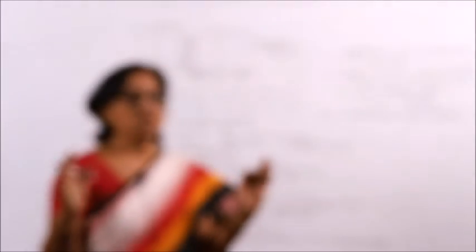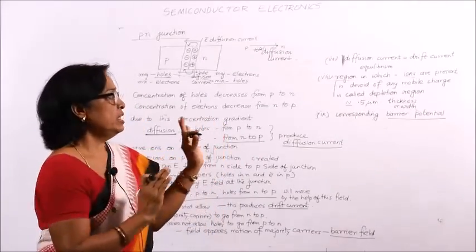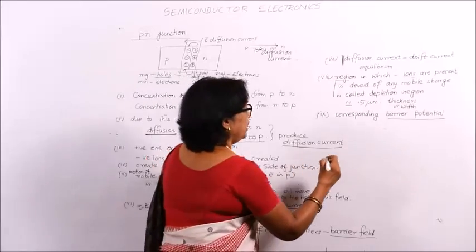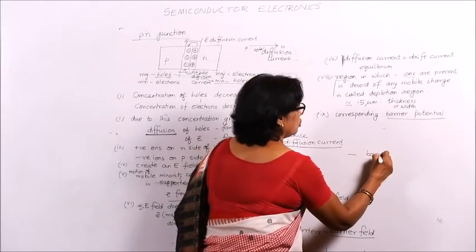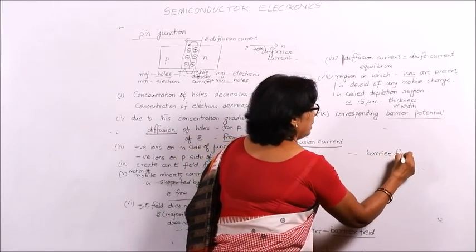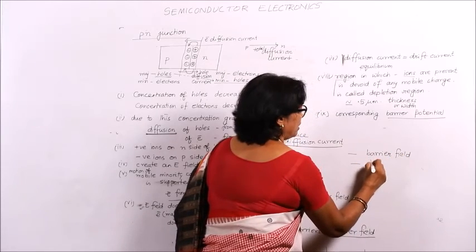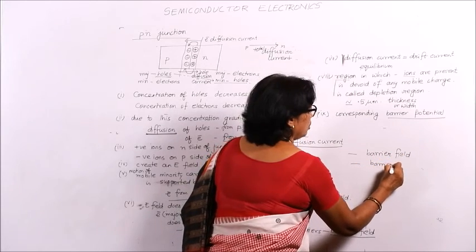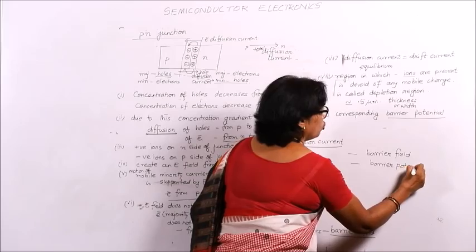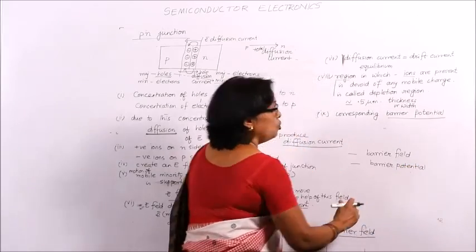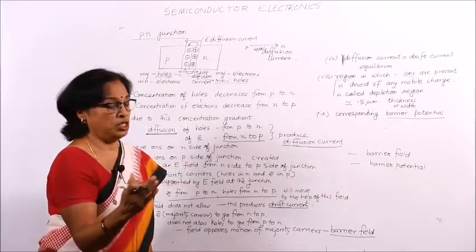So a p-n junction is like this. It has a barrier field at the junction. This barrier field has a barrier potential. That means if any charge wants to move, it has to overcome that barrier potential.